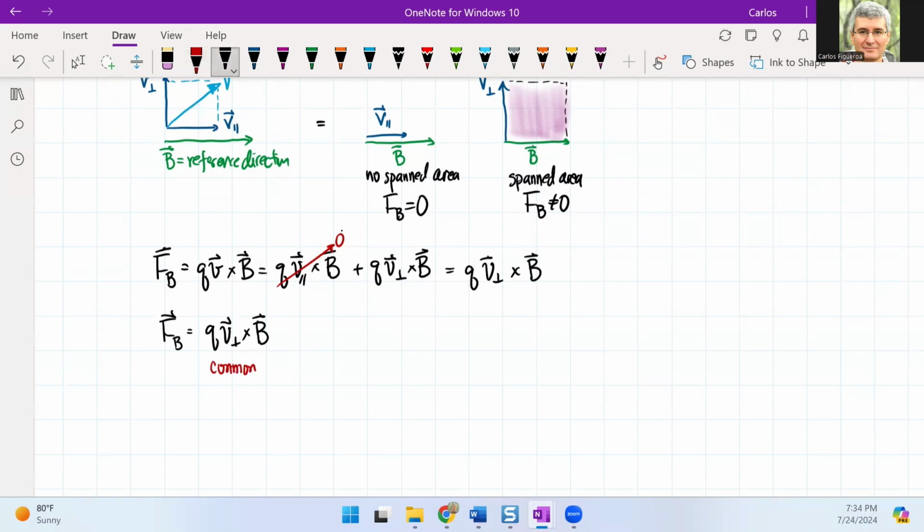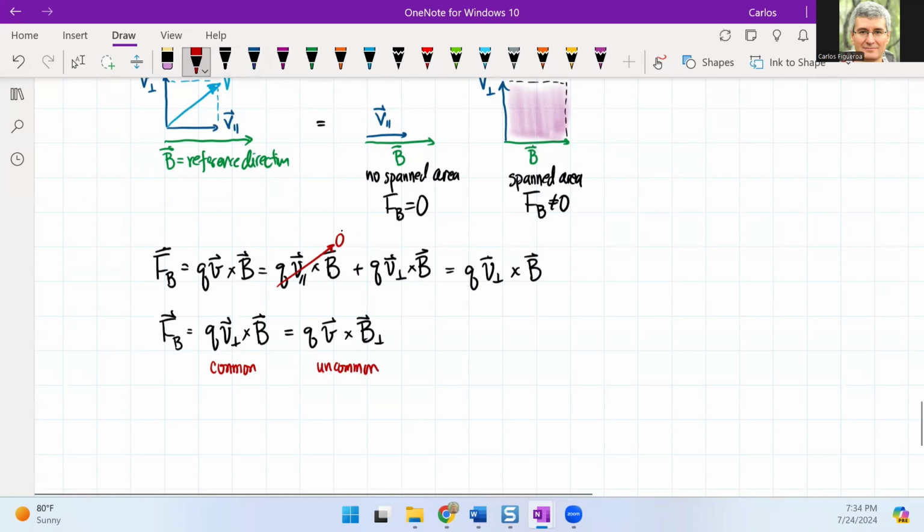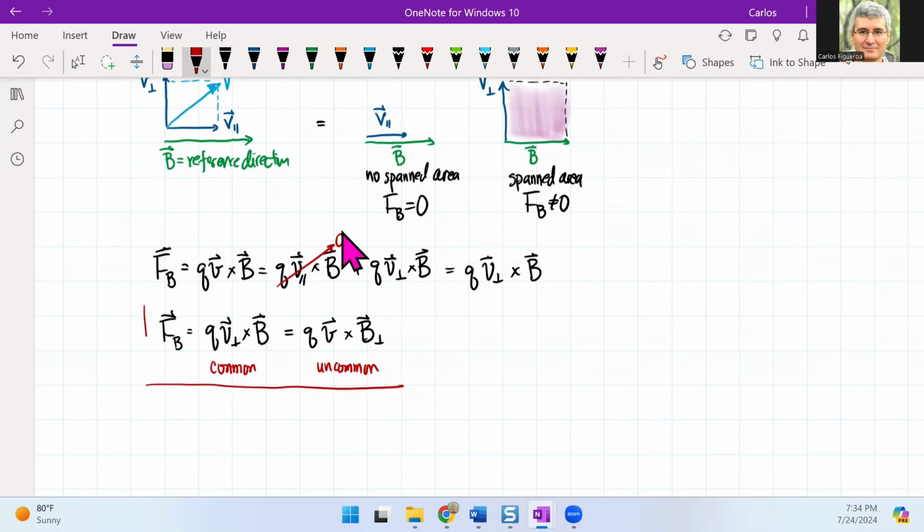Another way that you can write it in certain situations is to look at the magnetic field perpendicular to the velocity. In some situations, that's more useful, but you also find that this is less common. So this is uncommon to actually see. So here is the actual form of the magnetic force and its direction.